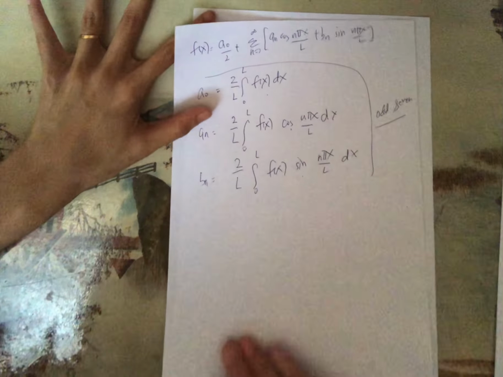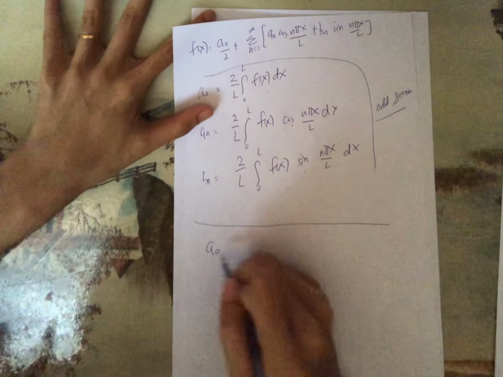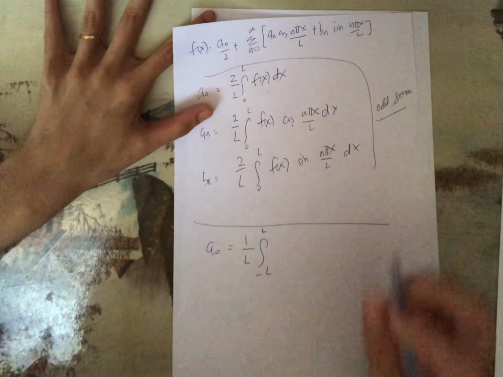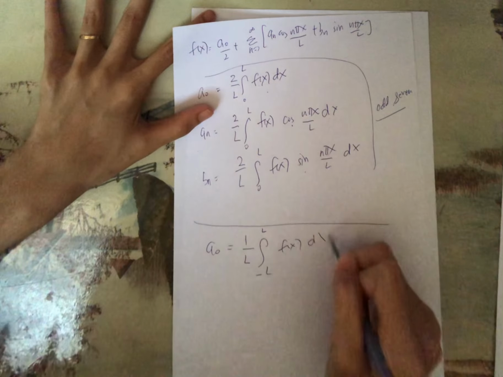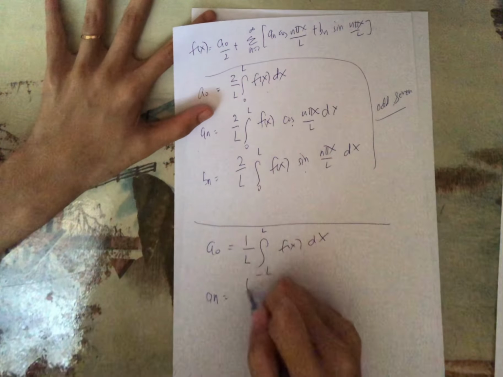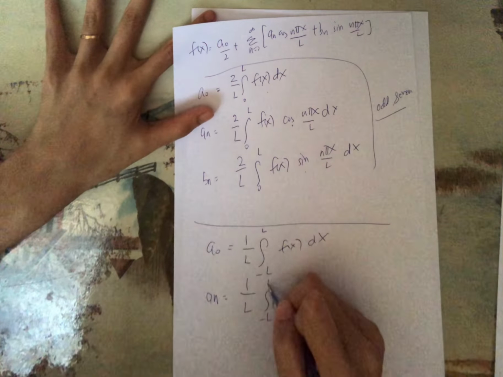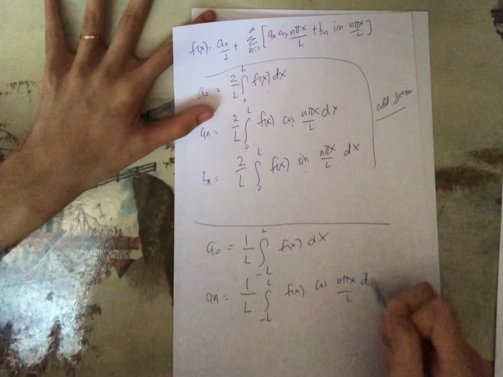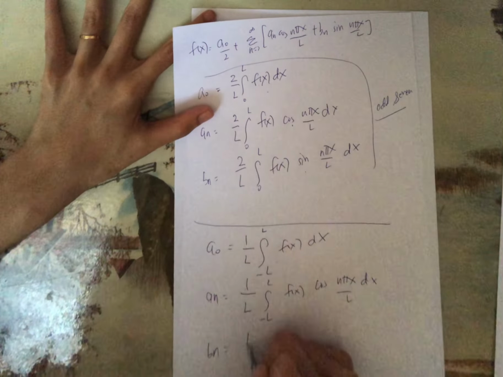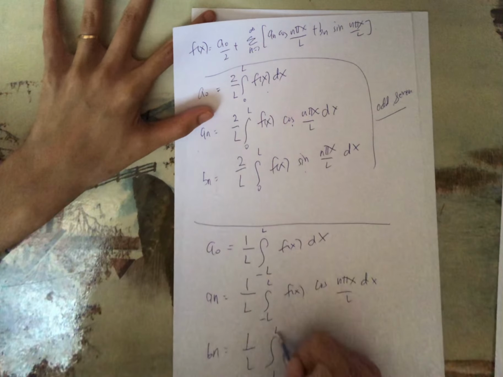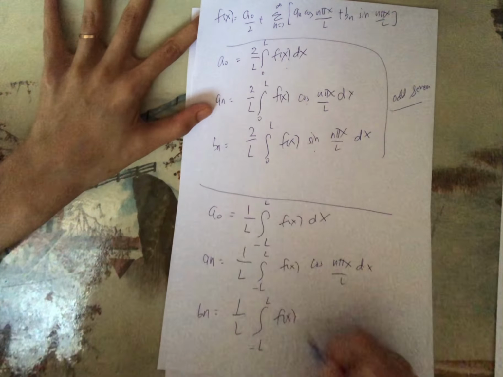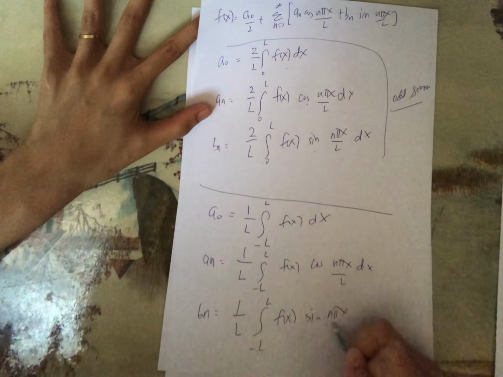Your a naught now will be 1 over L, integral from negative L to L of fx dx. For an, 1 over L, integral from negative L to L of fx cos n pi x over L dx. For bn, 1 over L, integral from negative L to L of fx sin n pi x over L dx.